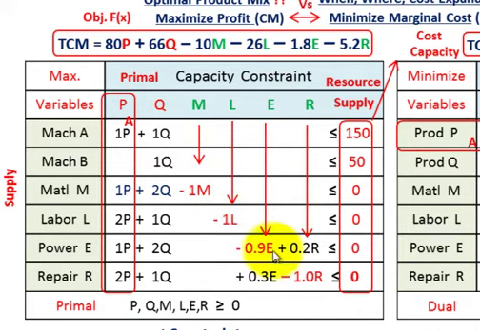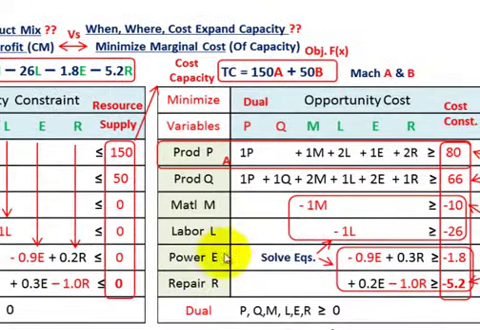Then we get down to power E and repair R, our rows here. Let's look at that column for E, and then that column for R, and move them over into our minimization or dual program. For power E, the coefficients in our column were 0.9 and 0.3.